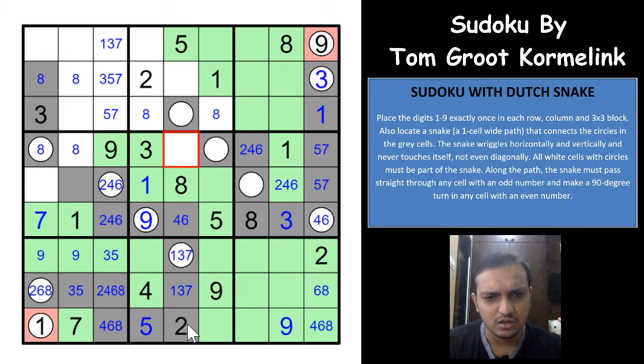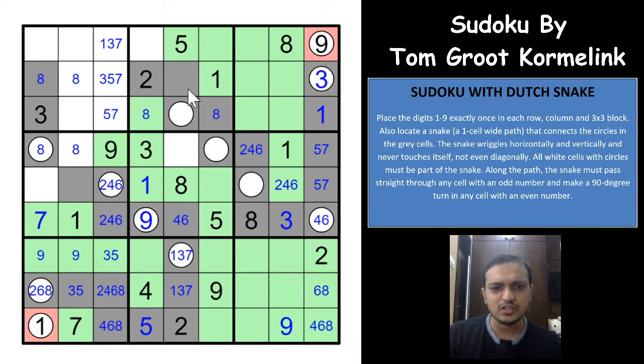Okay, I get something here: if this is not a snake cell, whatever way you make the snake path go, you will have to have 2 turns here. Either this way you will have 2 turns here, or this way you will have 2 turns here, right?